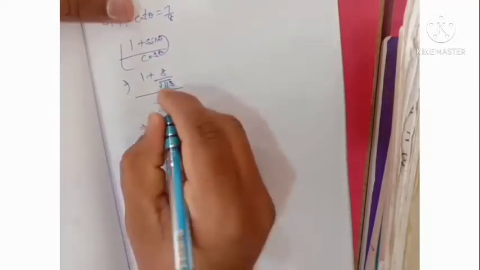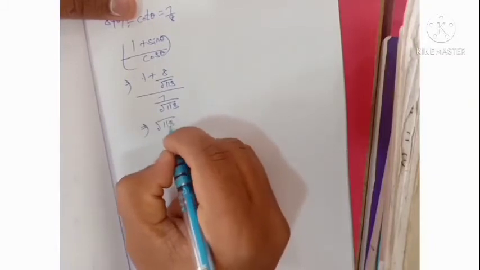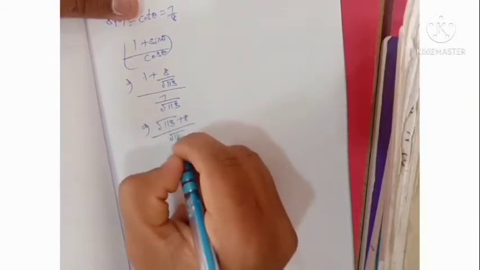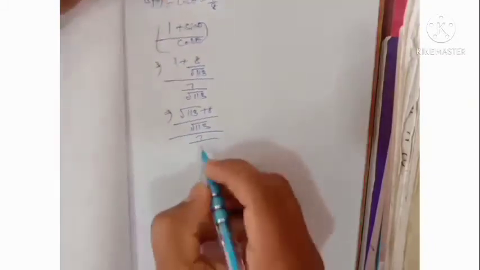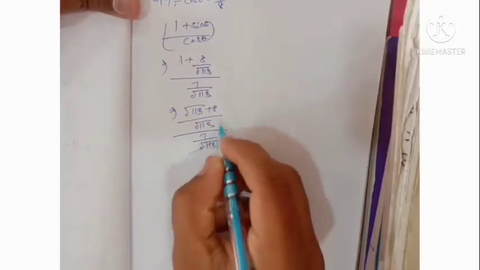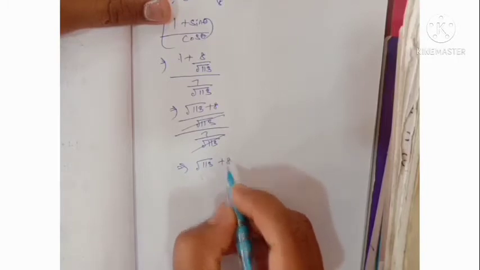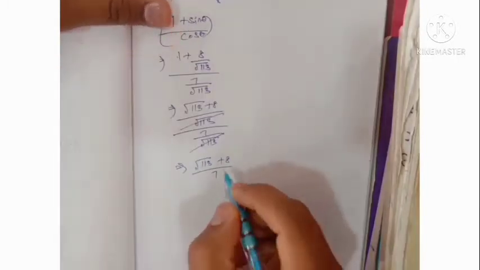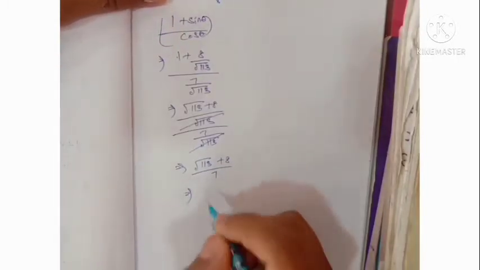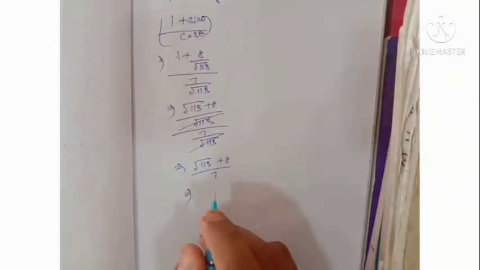1 plus 8 by root 113, by 7 by root 113. Simplify again. LCM: root 113 plus 8 by root 113, by 7 by root 113. Root 113, root 113 gets cancelled. Here we get root 113 plus 8 by 7. Here is the answer. Or if you want to simplify, find the value of root 113.